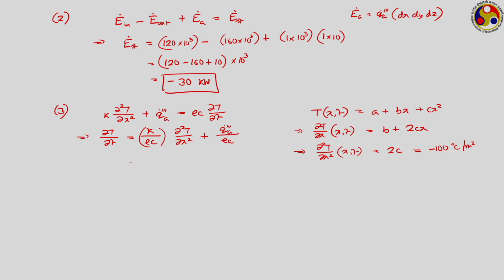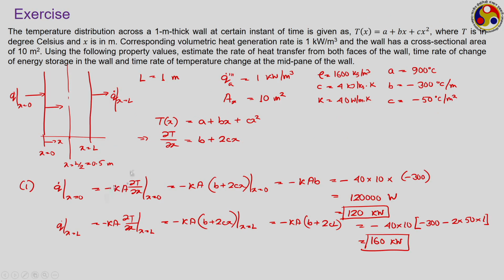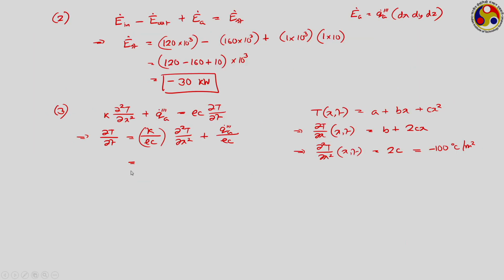So, if we put it now, k, rho and c all values are given. k is equal to 40, rho is equal to 1600, c equal to 4 kilojoule per kg Kelvin. So, dou T dou t equals 40 by 1600 into 4 into 10 cube into dou 2 T dou x2, which is minus 100, plus q g dot triple prime.